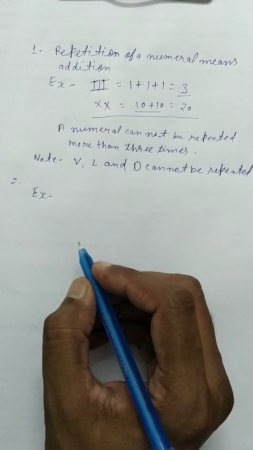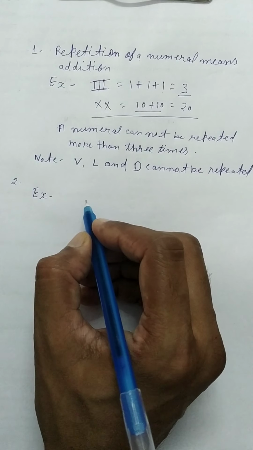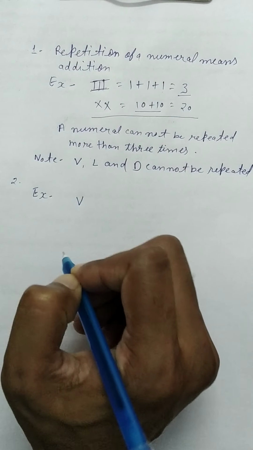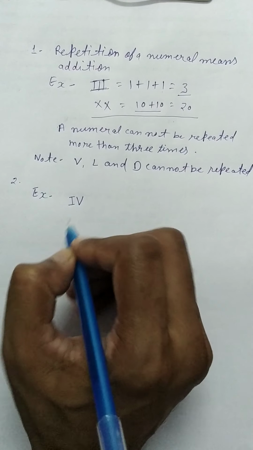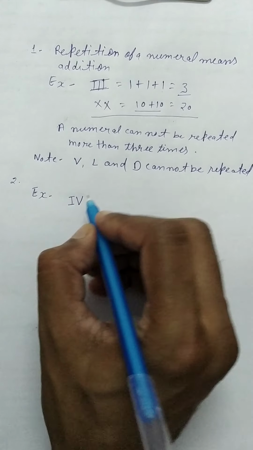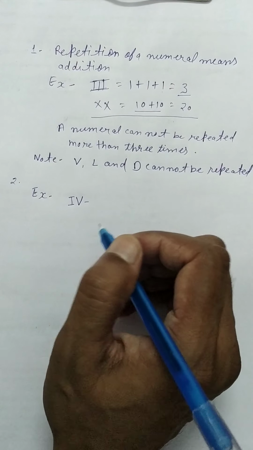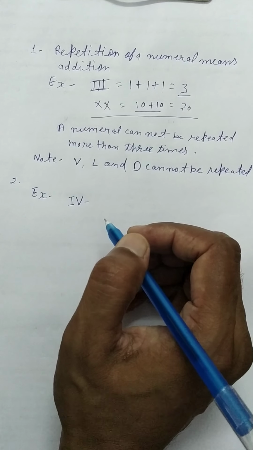Suppose that this is the greater value and a symbol is written before this value, this means subtraction.